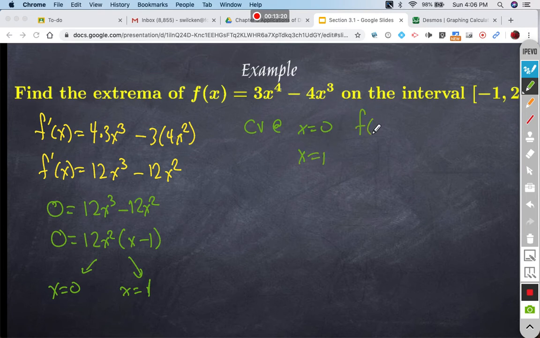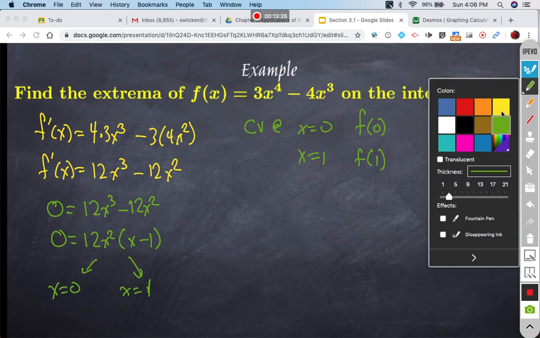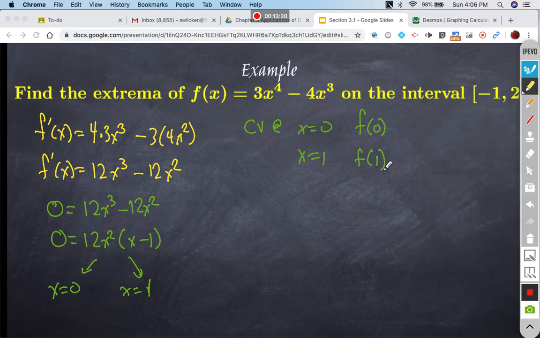So I want to evaluate the function at f of 0 and at f of 1. I also need to look at the endpoints. So I have endpoints at x equals -1. I have to find f of -1. I have x equals 2, so I have to evaluate x equals 2.